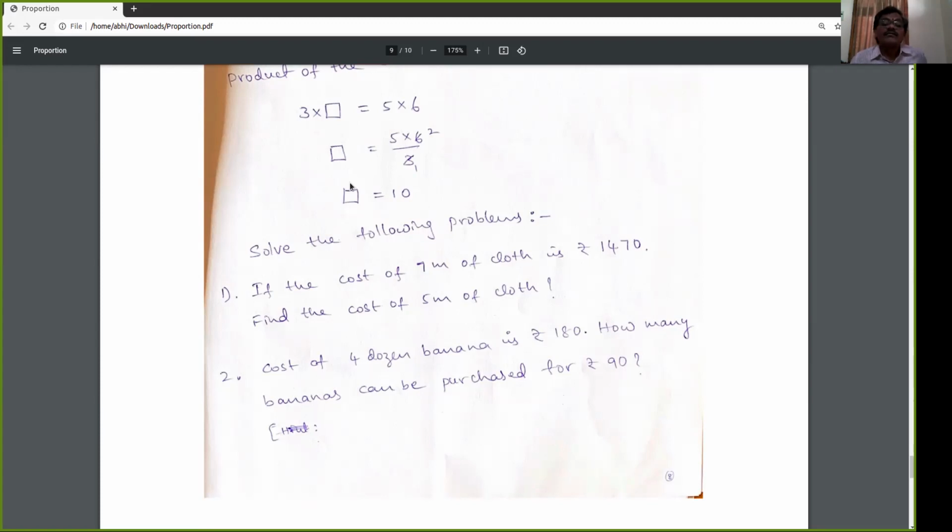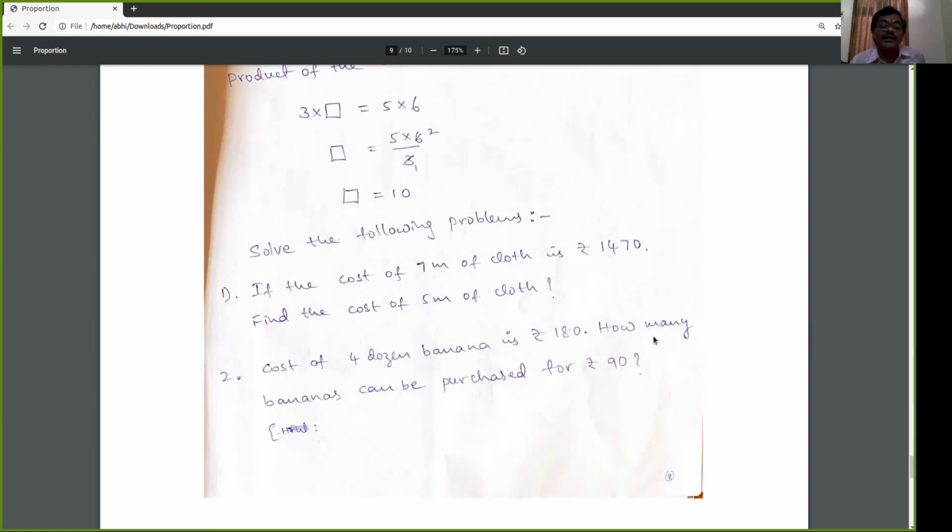Here we need to take the cloth 7 meters, here 5 meters. Cost 1470. So 7 is to 1470 is equal to 5 is to x. Here the cost of 4 dozen bananas is equal to 180.